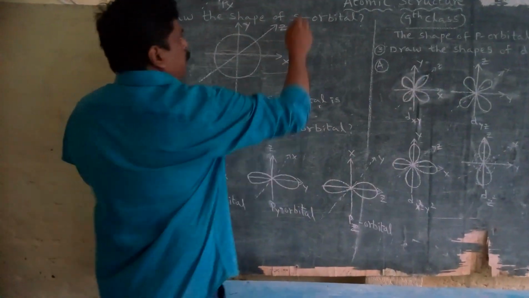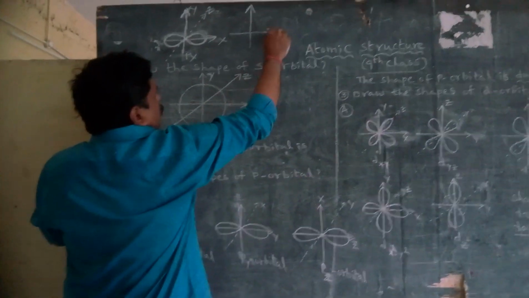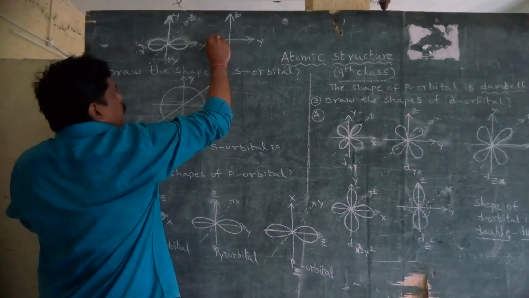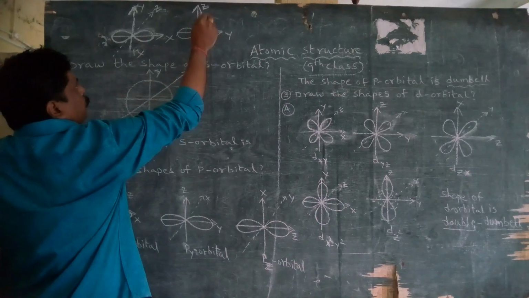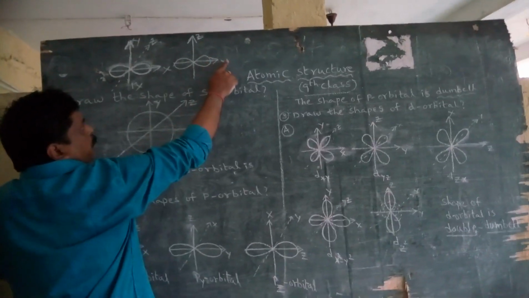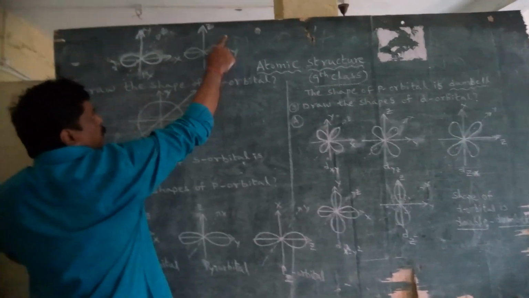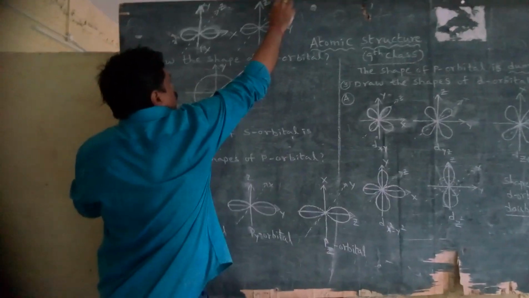If you draw the py orbital, then you have to take y and z and draw the dumbbell on the y axis. If you draw the dumbbell on the y axis, it is called the py orbital. Here the y axis and z axis are there, there is no x axis, so you have to draw the x axis in a dotted line.